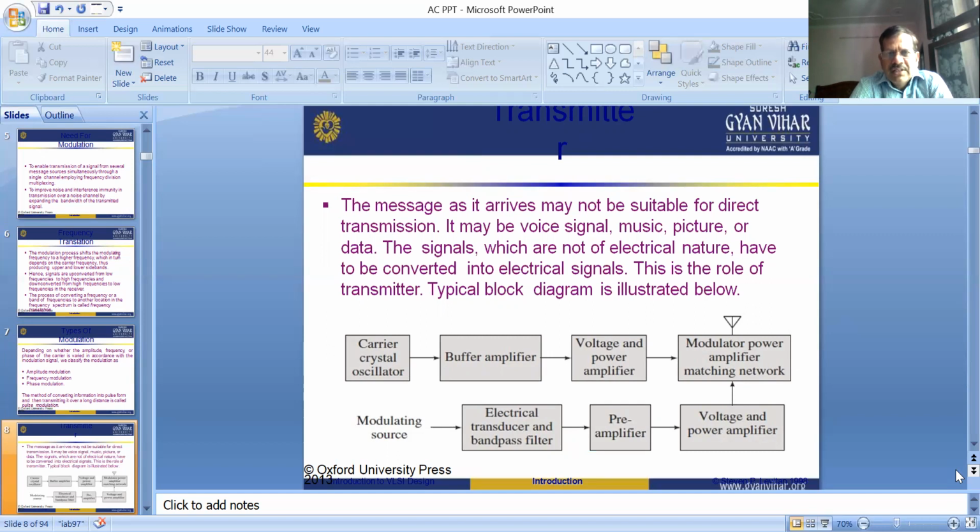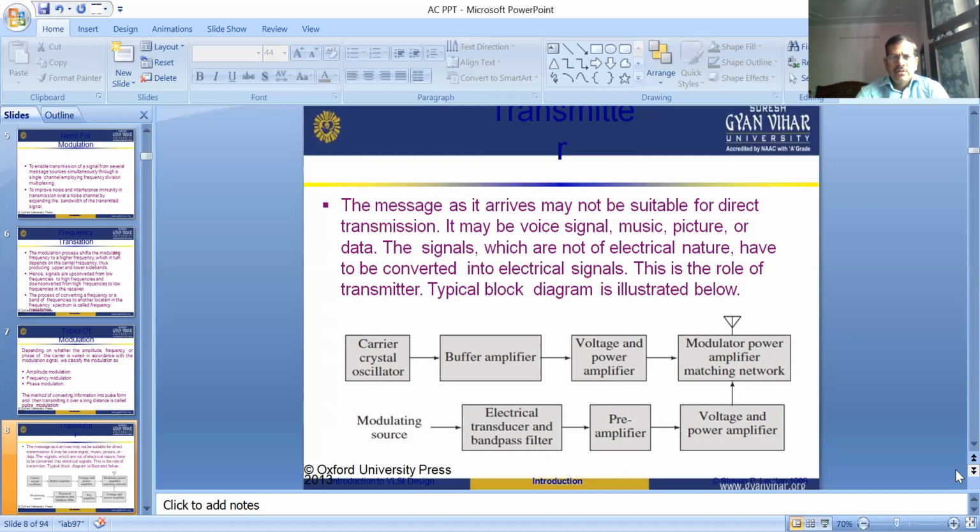It may be voice signals, music signals, picture signals, or data signals. These are the different signals which are generally transmitted from source to destination in a transmission system or communication system in the communication engineering field.